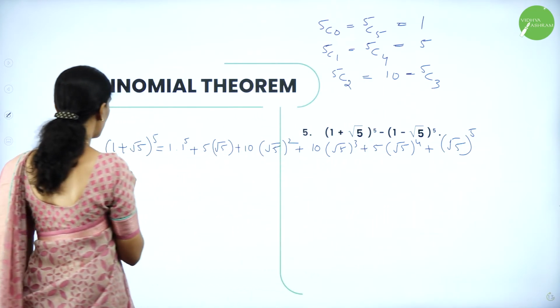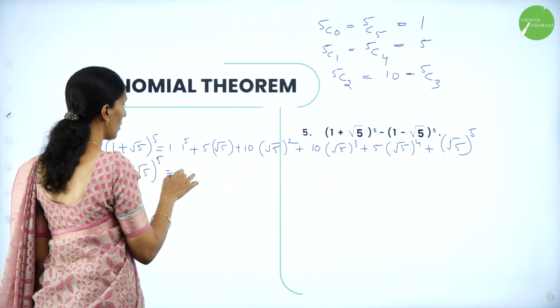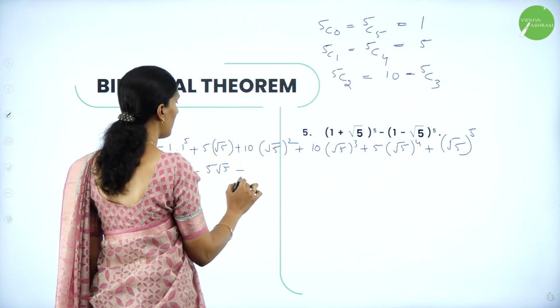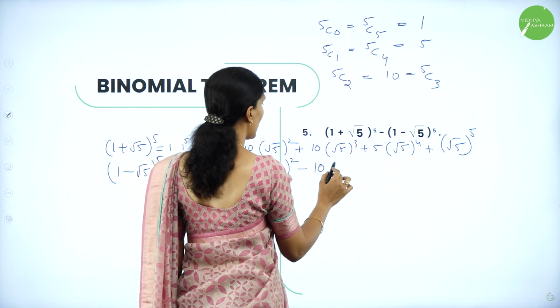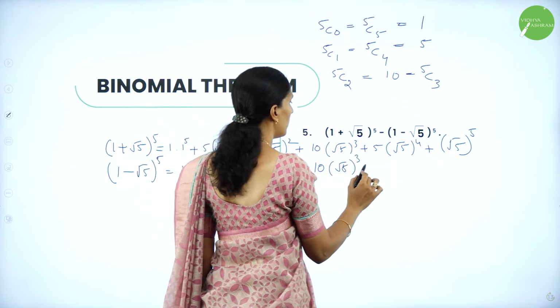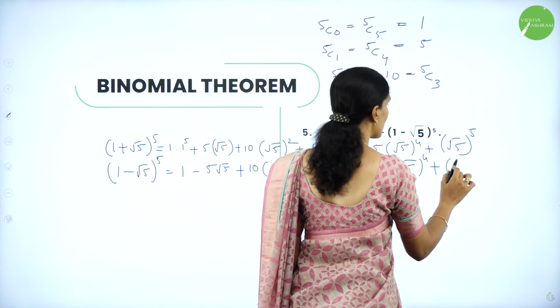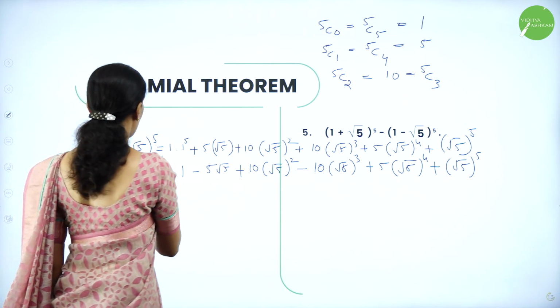So now change the alternate signs for 1 minus root 5, which is same here 1 and here minus root 5. Here it is plus 10 root 5 whole square minus 10 root 5 whole cube plus 5 root 5 whole power 4 plus root 5 whole power 5. Change the alternate signs.